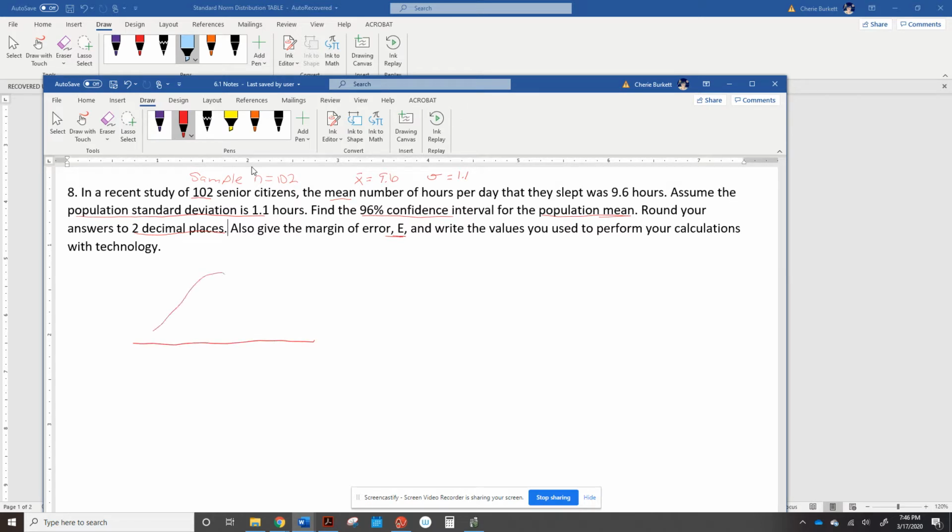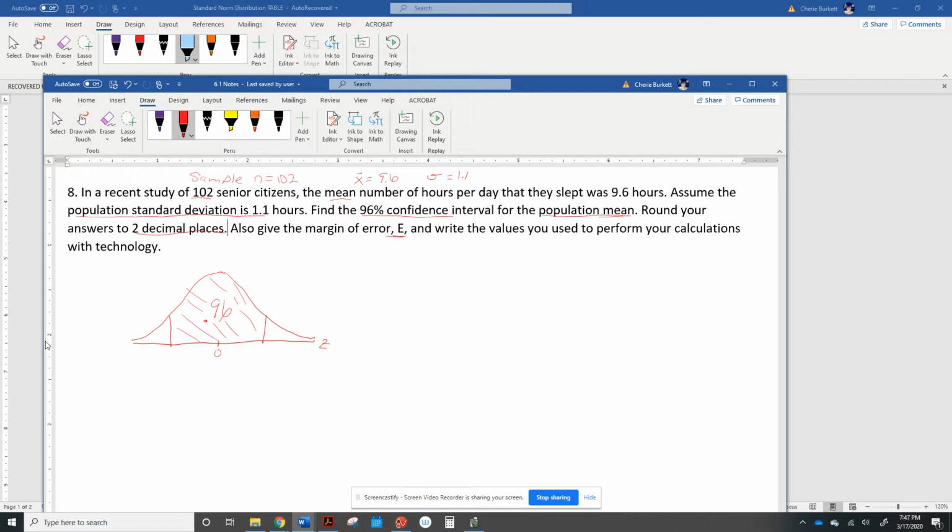Let's go ahead and draw our picture. And it doesn't matter whether this one is either a Z or the X. Let's go ahead and do it Z since we're going to have to calculate this. We can't just look it up. So that's our Z. So this will be 0. And we want this to be 0.96. Okay, that's the area that we want to find, 0.96.